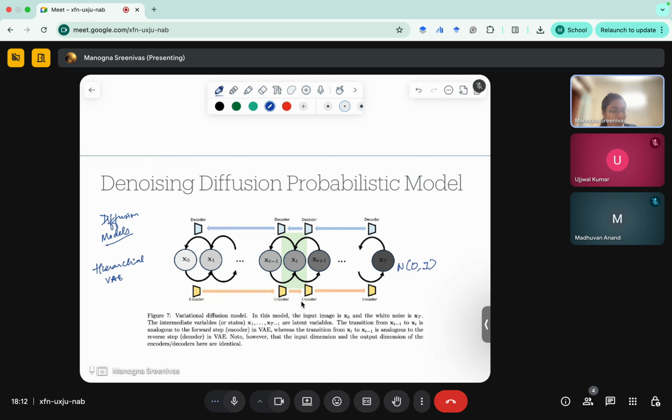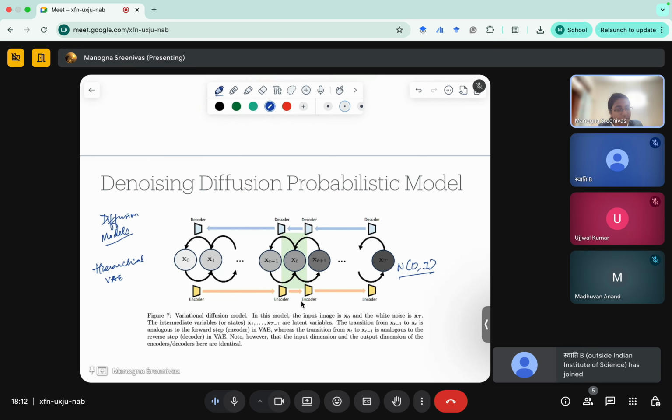You pass the image to the encoder, you keep getting intermediate latents, and you keep passing them to the same encoder until at some time step you encode the image such that it matches a standard Gaussian. Later, to generate images, you start from a standard Gaussian and do this denoising process, passing through the decoder.